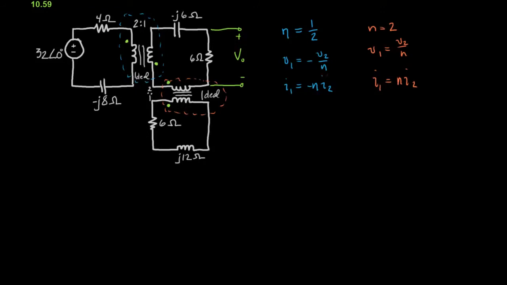Okay, so the next thing that I'll do is I'll draw the circuit. Our new circuit will look something like this. That's our first component on the left, and we'll just remove the ideal transformer altogether.